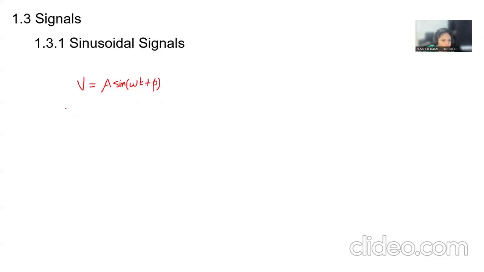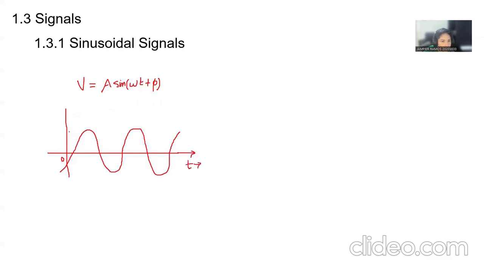If we want to plot this, it is something like that, and it starts at time 0. This is the time, and this is the amplitude.